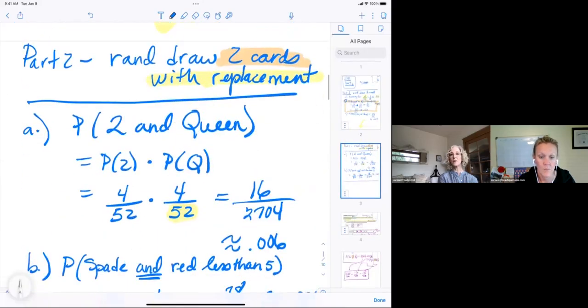If we draw more than 1 card, we are going to have multiplication. So we have drawing 2 cards, the probability of drawing a first card and drawing a second card. So there's the multiplication. The second thing you have to consider is whether you're replacing or not. This is with replacement, so that denominator stays the same.